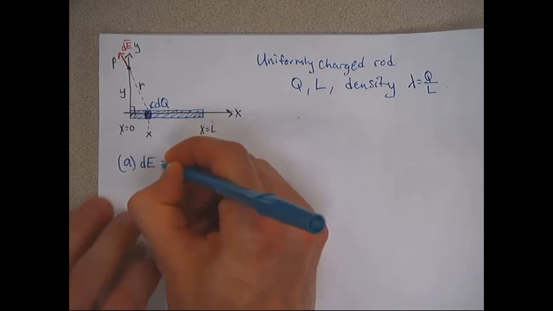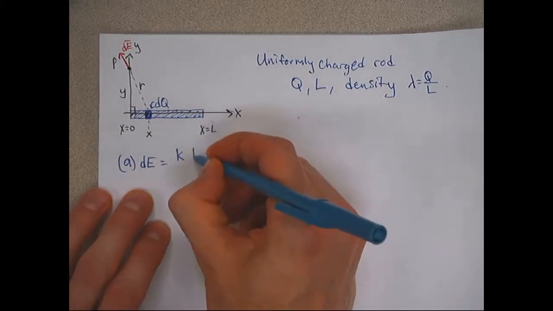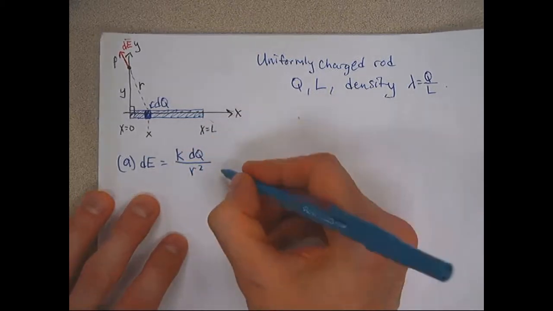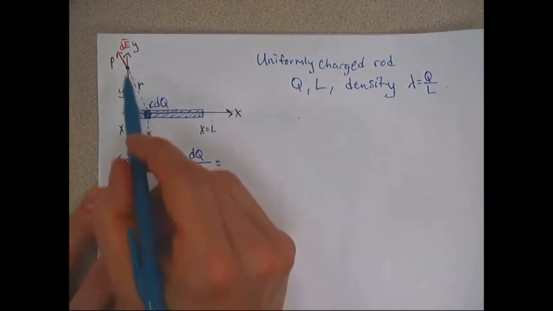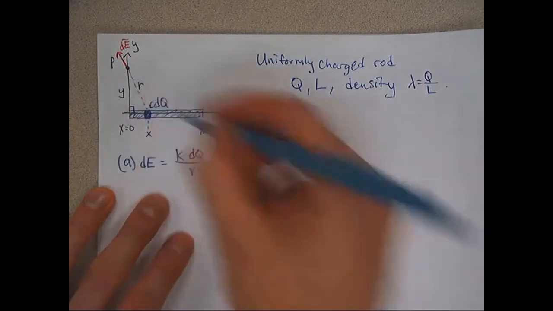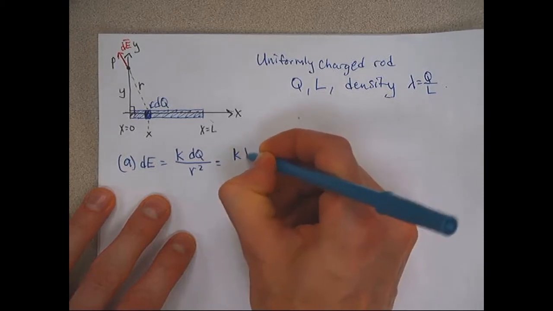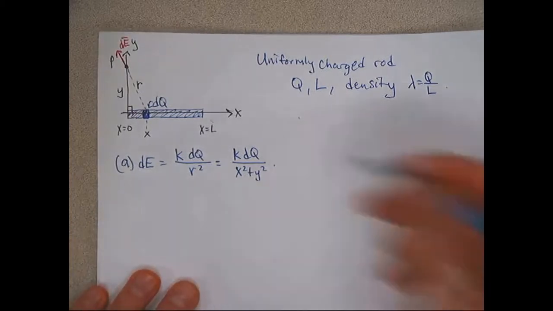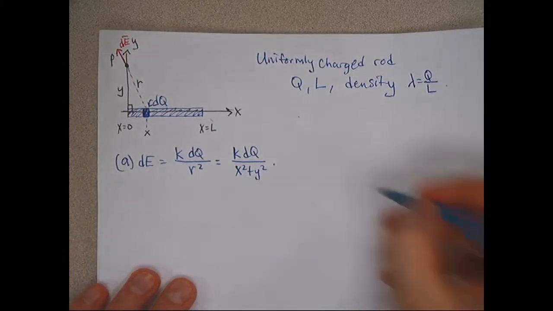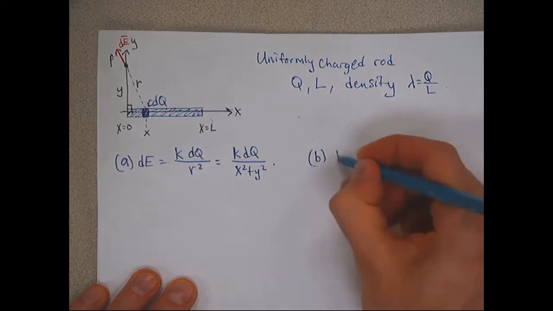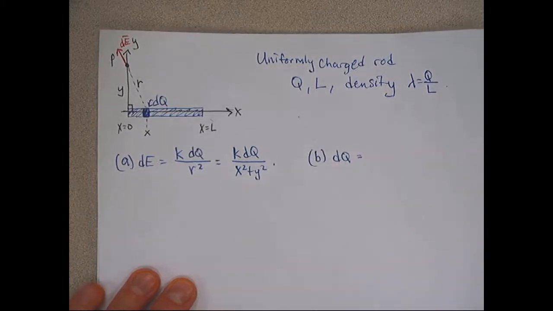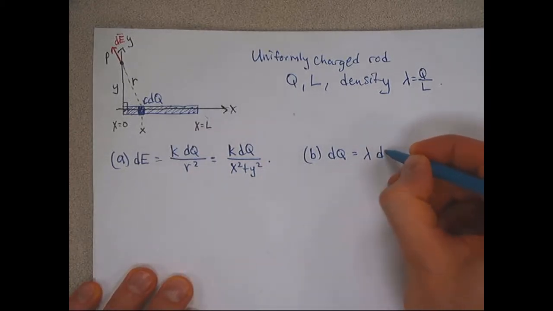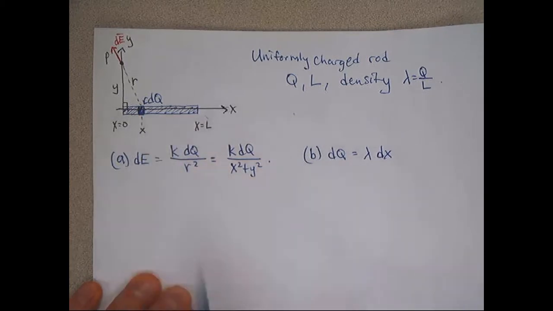That vector will have magnitude k dq over r squared. In our case, r squared, this is the hypotenuse of that right triangle, is just x squared plus y squared. The amount of charge sitting in the dq, as we said earlier, is lambda dx. dx is the width, again.